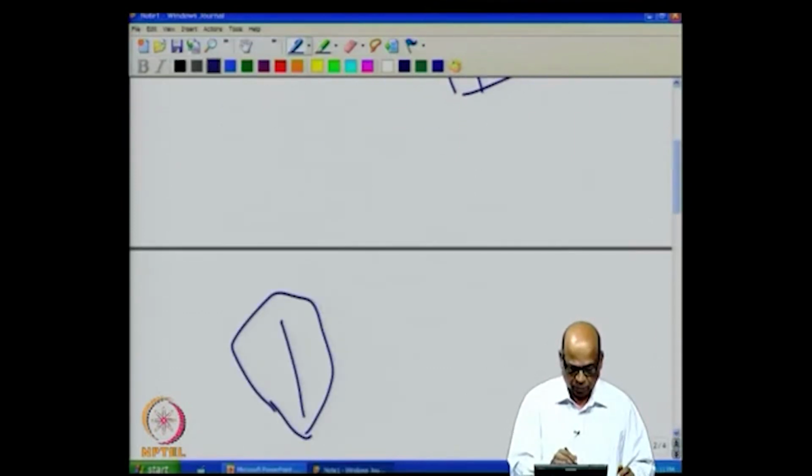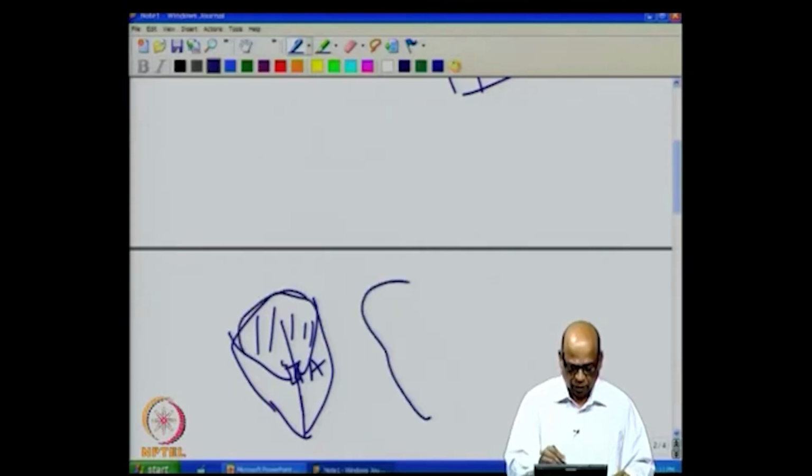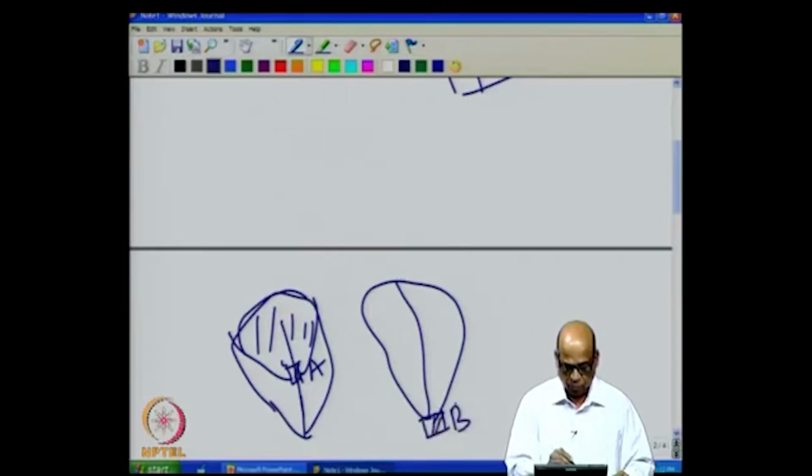There is one catchment here, the flows are taking place here, and you have recorded the flows at this point A, and this is a catchment that is contributing to the flows at A. Then there is another hydrologically homogeneous region next to this catchment, and you have recorded the flows at B. These two are different catchments.